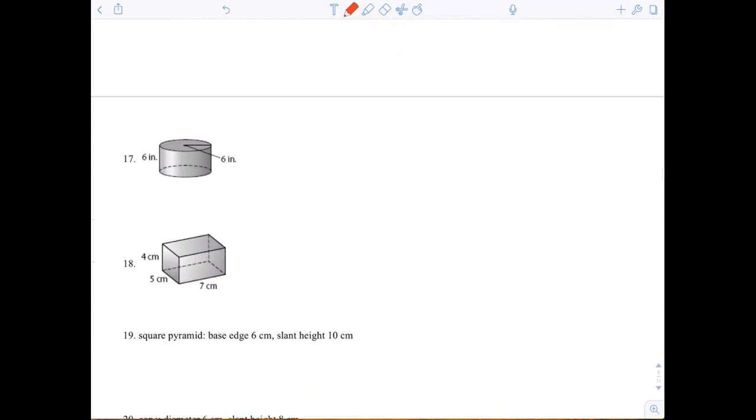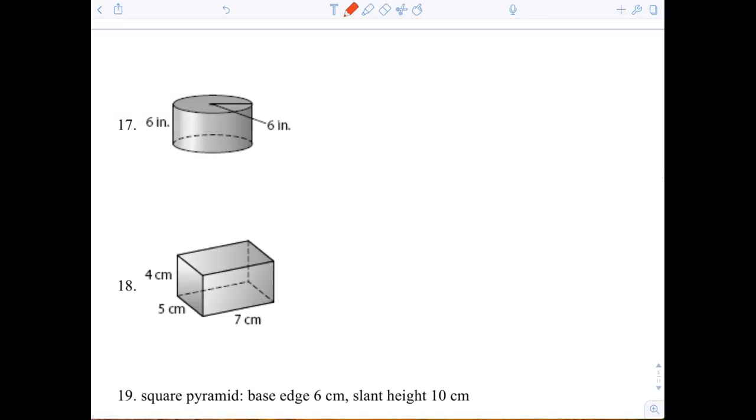All right, here we go. Now, surface area of a cylinder. How many circles are there this time? So it's 2 pi r squared plus 2 pi r h. That's the formula for surface area of a cylinder.